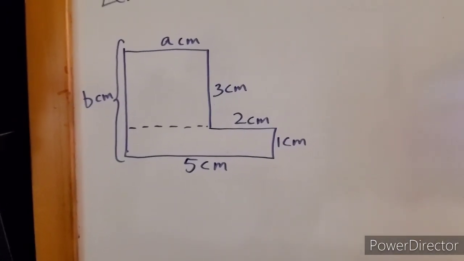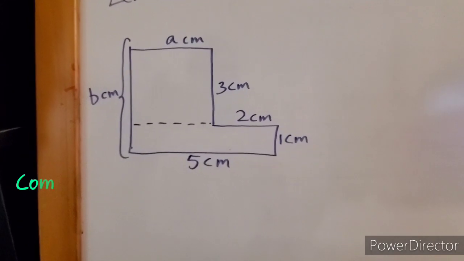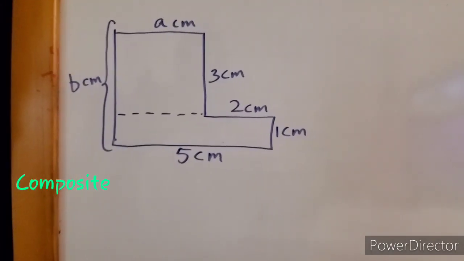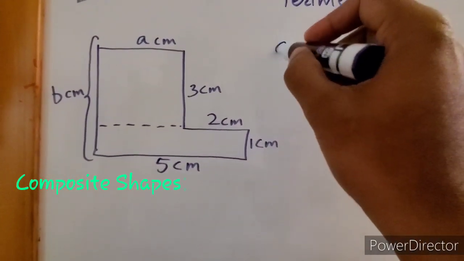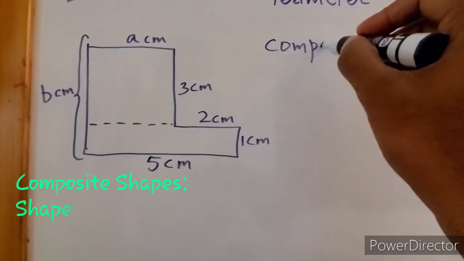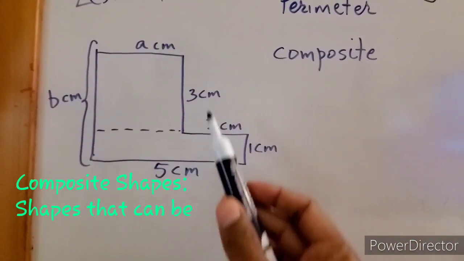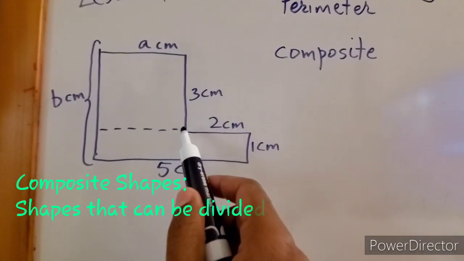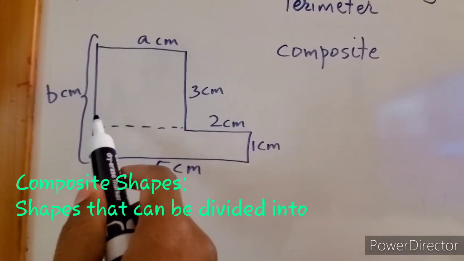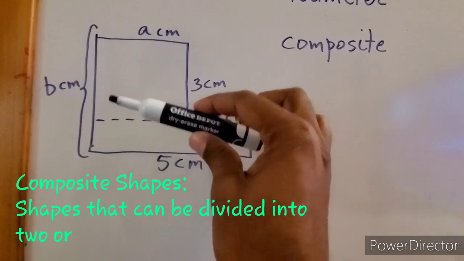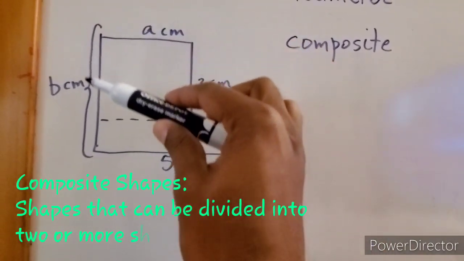Now, this shape is known as a composite shape, a composite figure. Composite is the word, because it has more than one shape in itself. You could cut it right here, like the dotted line, and you get a rectangle right here, and then another rectangle up here.